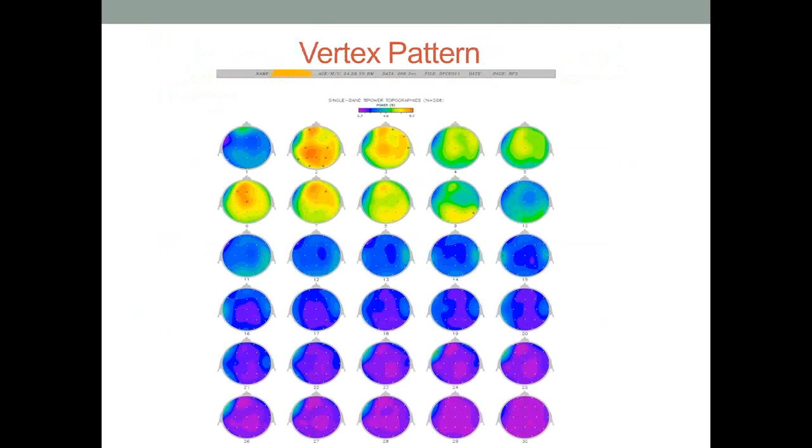Here is the vertex pattern we were talking about, the slowing. As you can see, the front to back midline, we're getting a lot of activity down through here. If you look here, especially around 6, 7 hertz, and even at 8, we're still starting to see that.